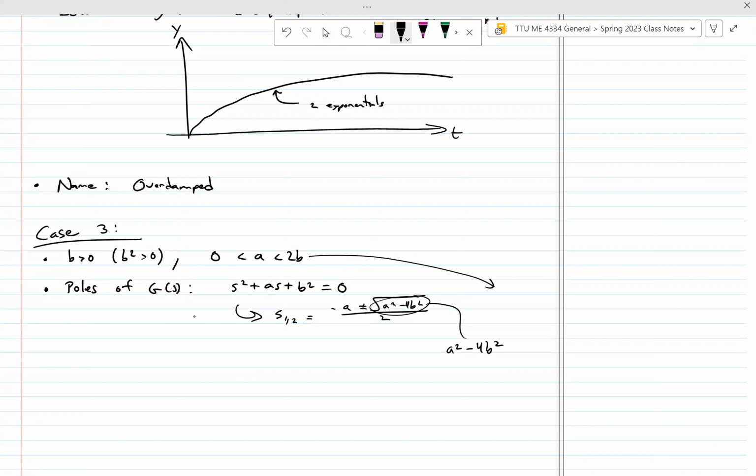That's what this is saying. But still greater than 0. So between these two things, in the square root, we get a negative number.